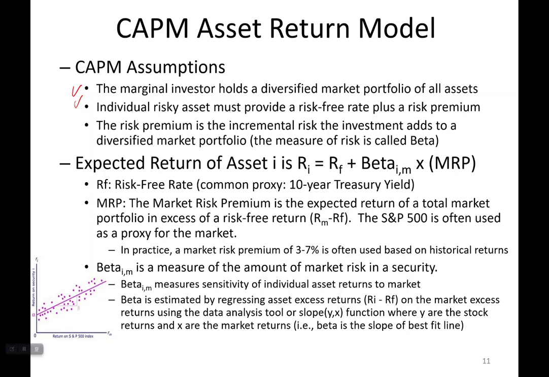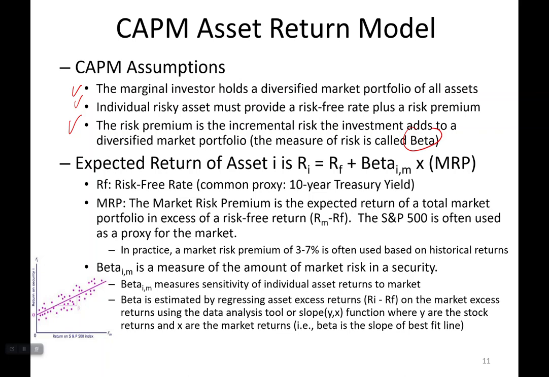So I'm going to at least get compensation equal to the risk-free rate of return, plus then a compensation for incremental risks. And that last thing, the risk premium, how much we're going to get in excess of the treasury rate, say the risk-free rate, is the incremental risk that's added from that individual stock to the very large portfolio, the market portfolio. And that risk measure in CAPM is called beta.